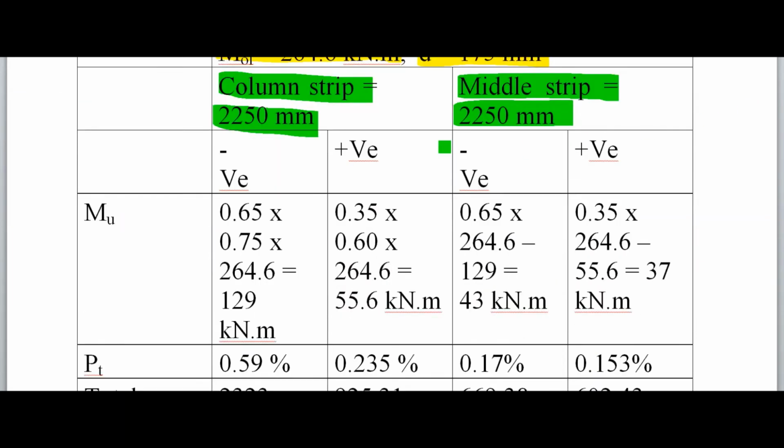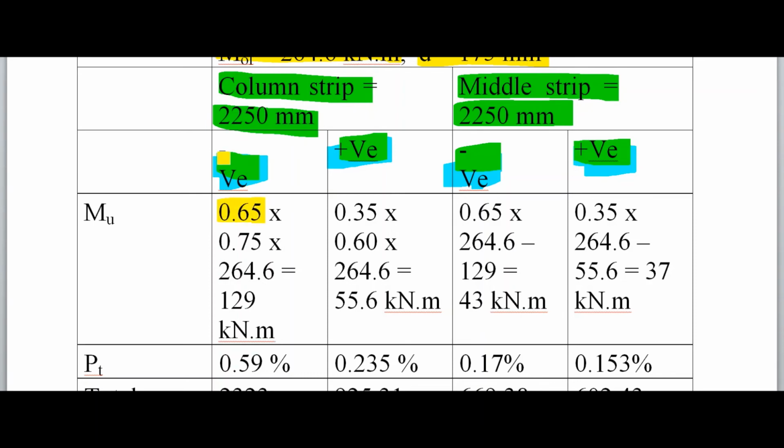Now we have two things: negative and positive. For the column strip, positive and negative; for the middle strip, negative and positive, right? Now for the negative 0.65, we discussed this in IS 31.4.3.1.